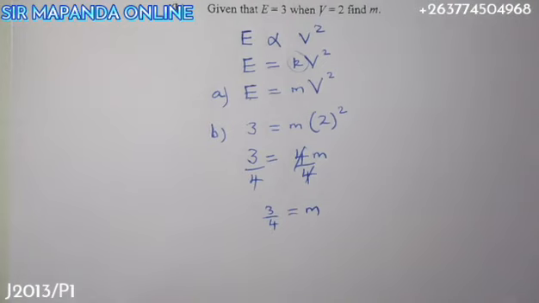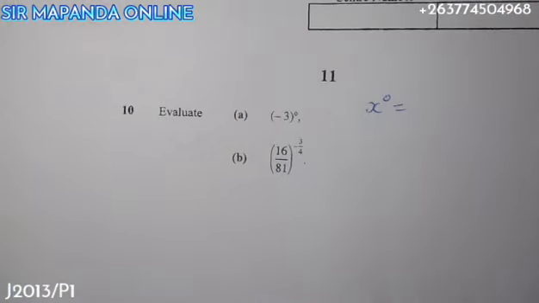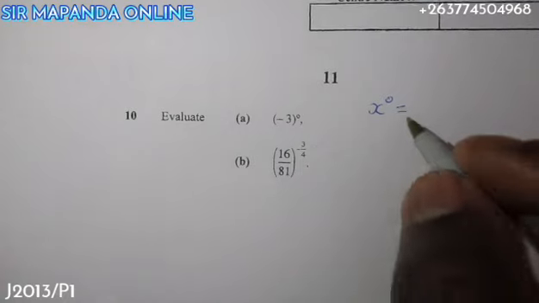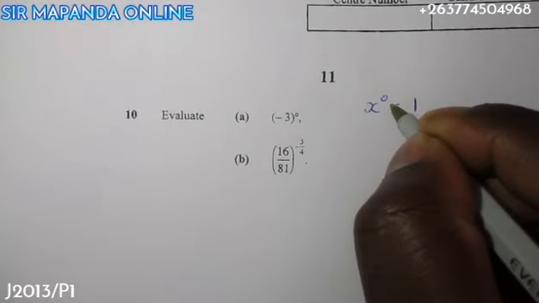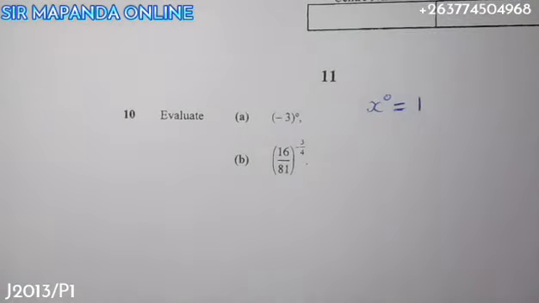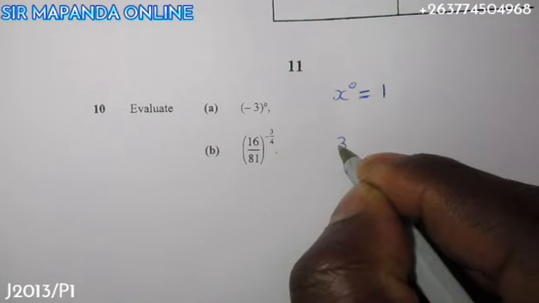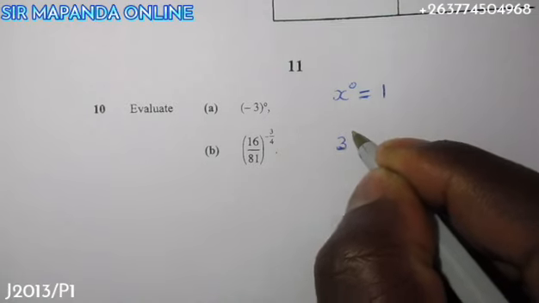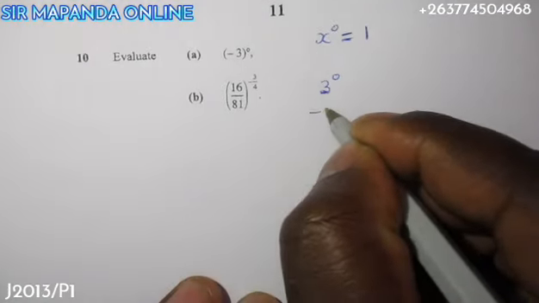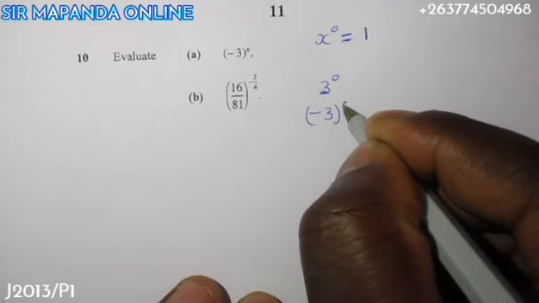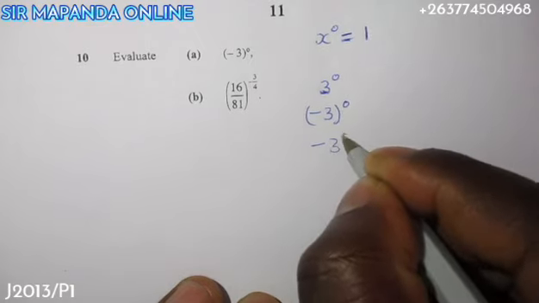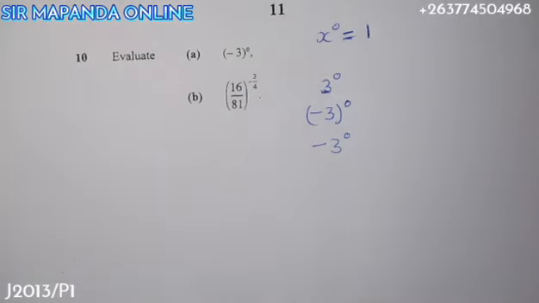Let us move on to question number 10. From the laws of indices, x to the power of 0 gives you 1. But I want you to notice something. We have three situations. 3 to the power of 0, minus 3 in brackets to the power of 0, and minus 3 to the power of 0 without brackets.